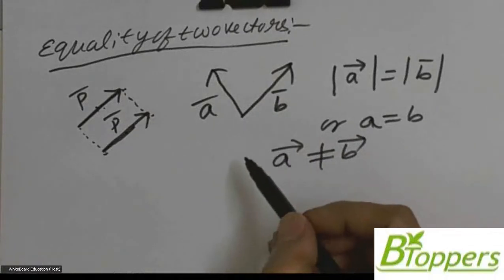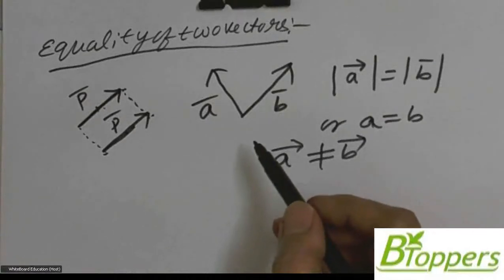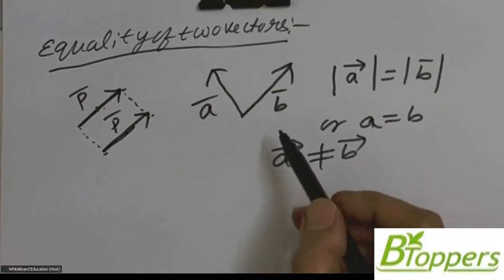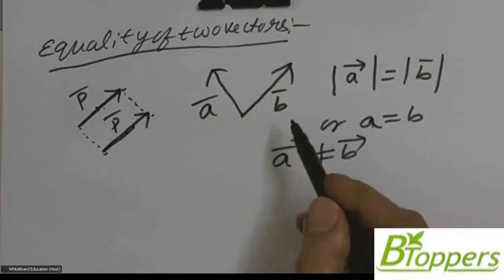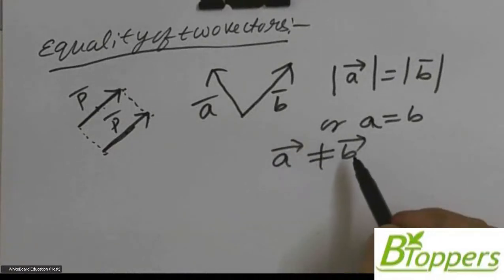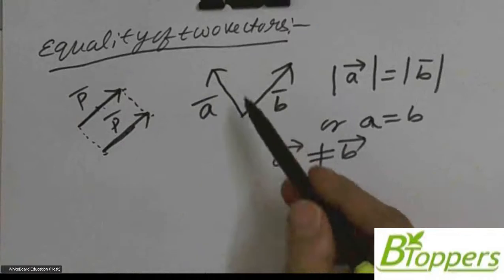because two vectors are said to be equal if and only if they have the same magnitude as well as the same direction. So in this case, vector A bar is not equal to vector B bar because the directions of the two vectors are different.